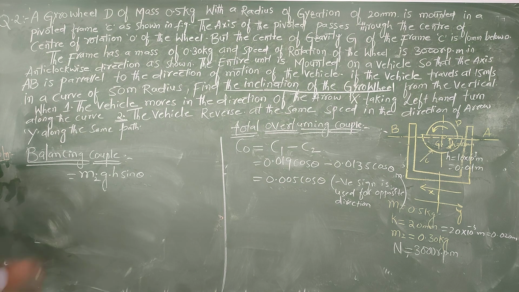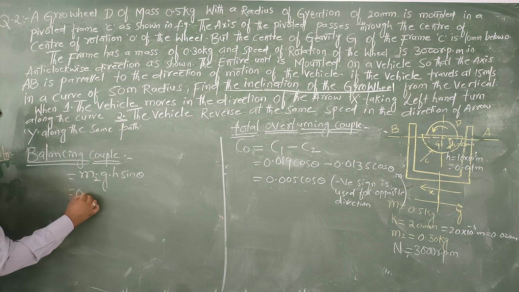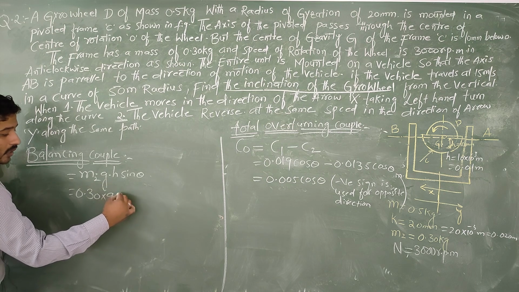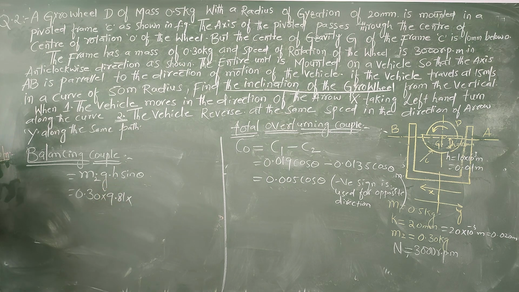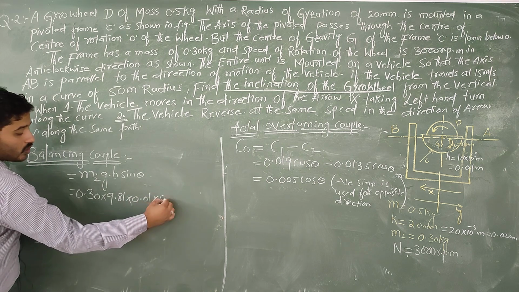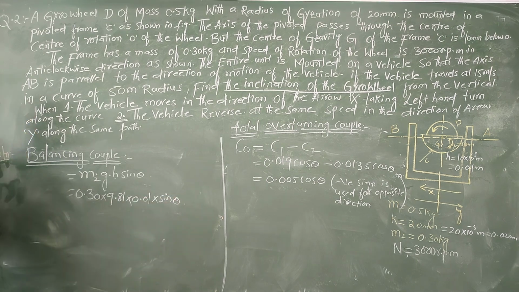Mass m2 is given as 0.30, acceleration due to gravity is 9.81, h is given as 0.01 meter, into sin theta. That is the value of balancing couple.